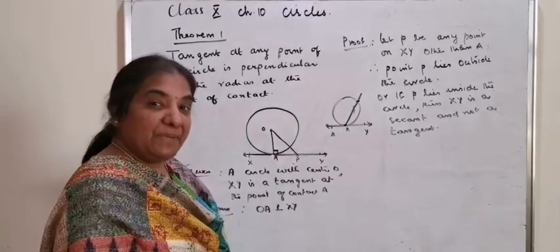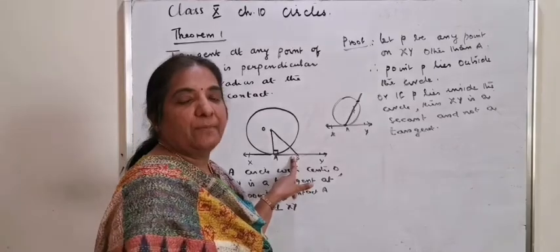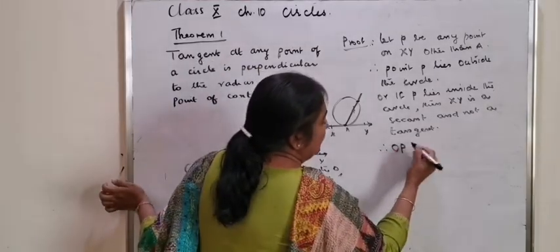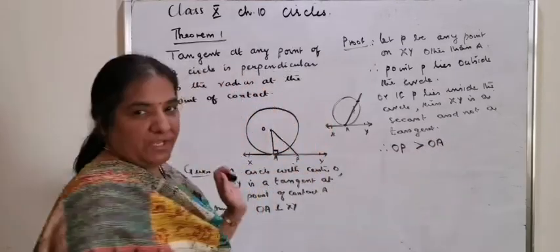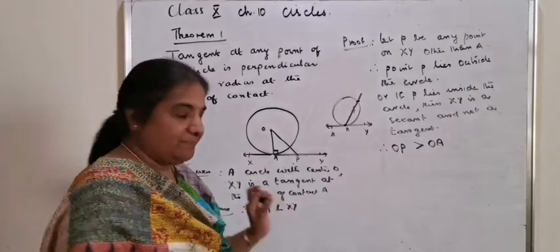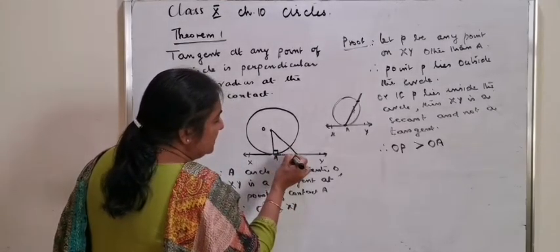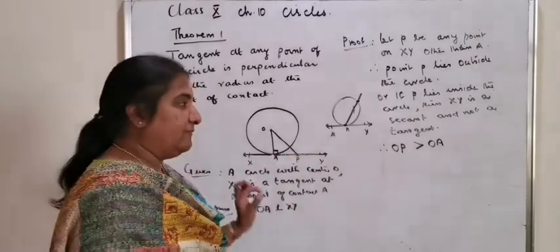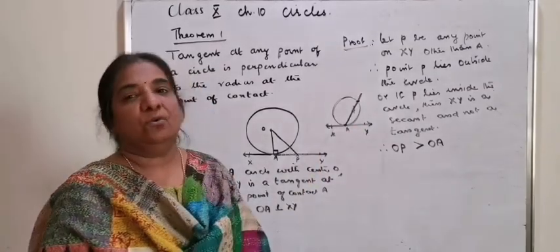If the point P is outside, OP will be greater than the length of OA, and if P takes any point on this line other than A, definitely the length of OP will be greater than OA.